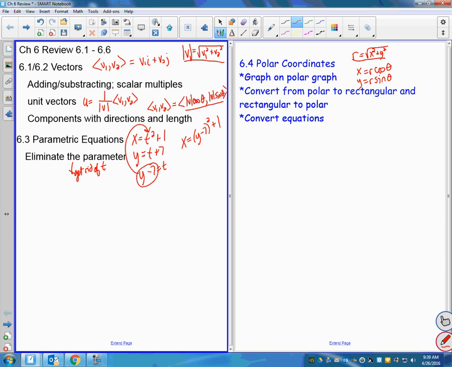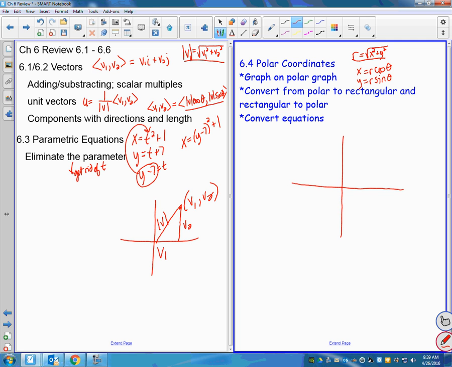So yes, it feels like we have three separate things, but if you understand the basics of where it comes from, right? In a vector, we have some vector out here, v1, v2, where we can draw this picture, and this is v1, this is v2, this is my magnitude. In polar coordinates, I have the same exact picture, right? Polar coordinates are where we have those circle graphs.